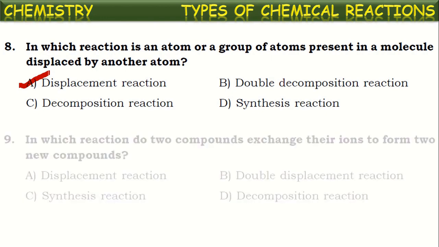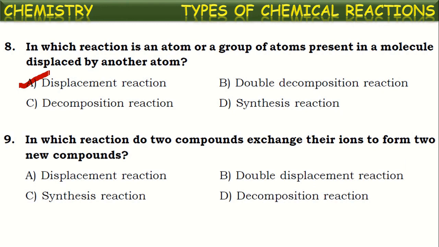Okay. Next, in which reaction do two compounds exchange their ions to form two new compounds? In certain chemical reactions, two chemical substances exchange their ions or radicals mutually so that they result in the formation of two new compounds.